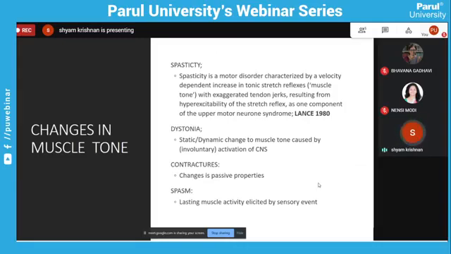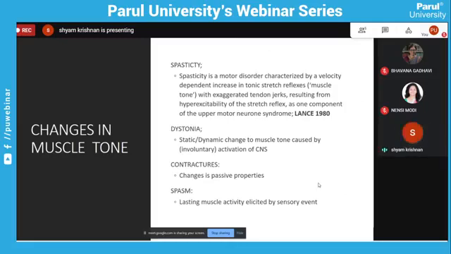Now spasticity per se, as you would all know, is defined as a velocity dependent increase in tone associated with exaggerated tendon jerks. It happens because of hyperexcitability of the stretch reflex, and it is one component of the upper motor neuron syndrome. This definition was given by Lance in 1980.